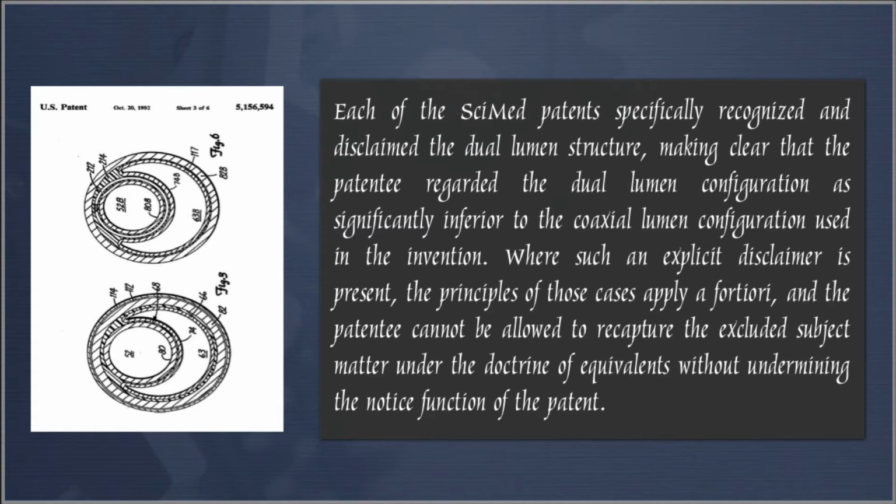This is related, of course, to the all elements rule, because that means that this element of the lumen configuration is no longer available for the doctrine of equivalence, and since it's not literally present, since it is a dual lumen configuration, not a coaxial lumen configuration, then there can be no infringement.